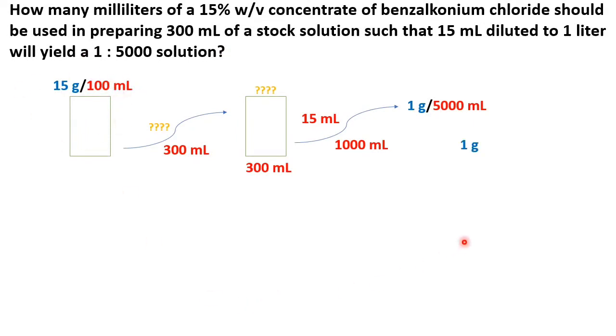So we have 1 gram in 5,000 milliliters. So how many grams do we have in 100 milliliters? We multiply 100 times 1 over 5,000. So we get that the concentration of this solution is 0.02 grams per 100 milliliters.